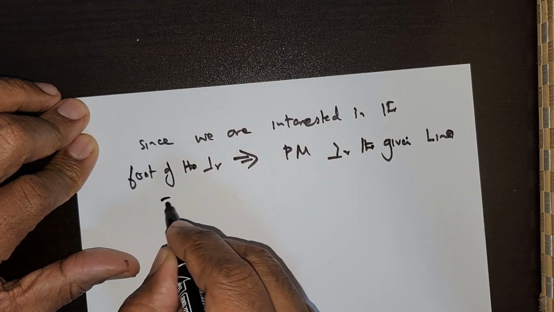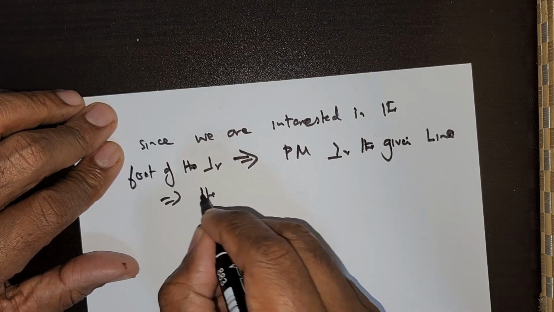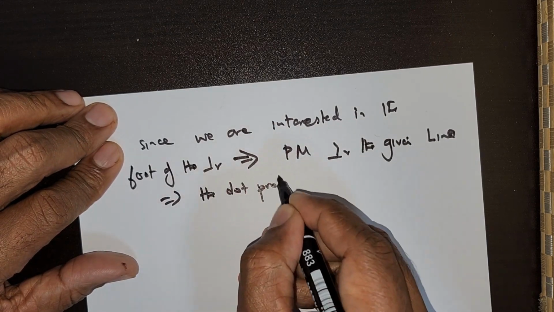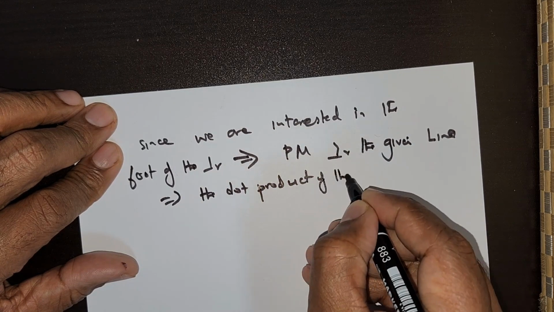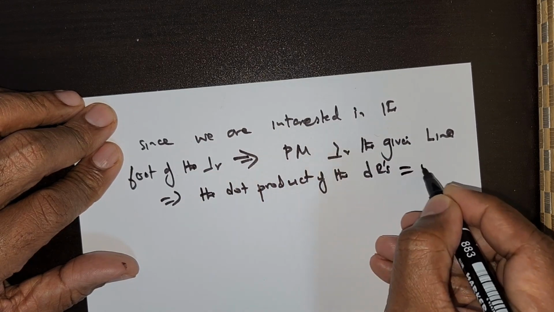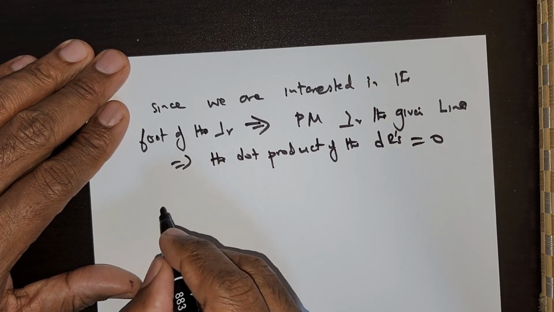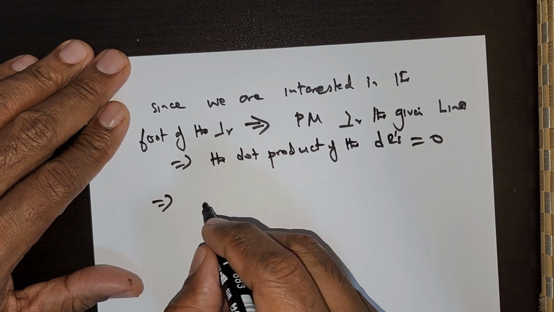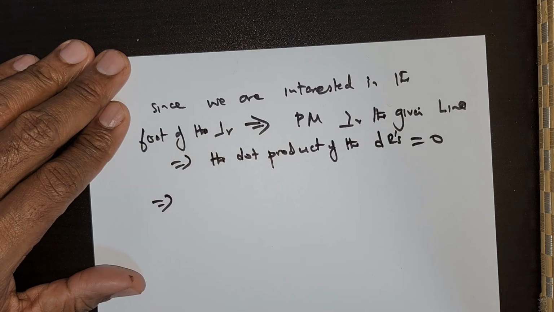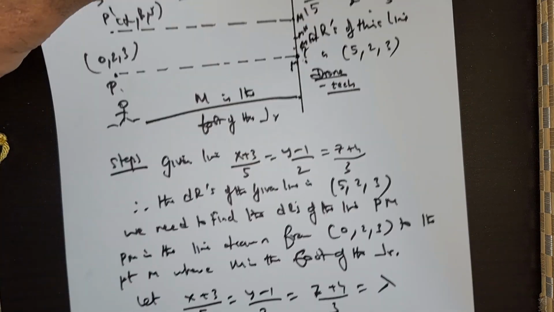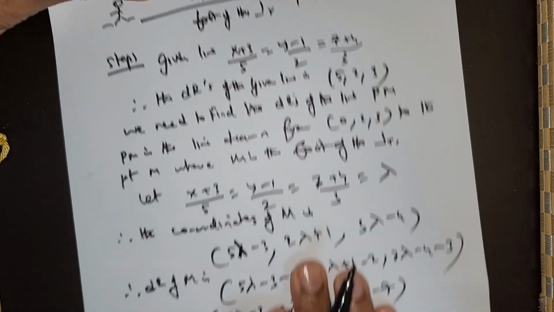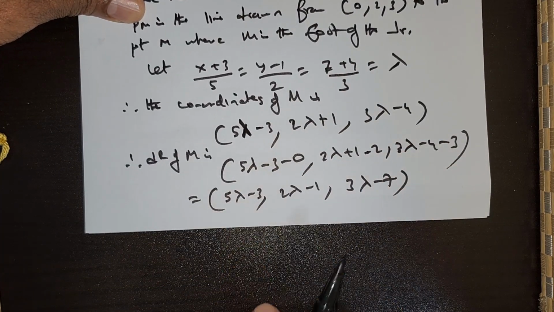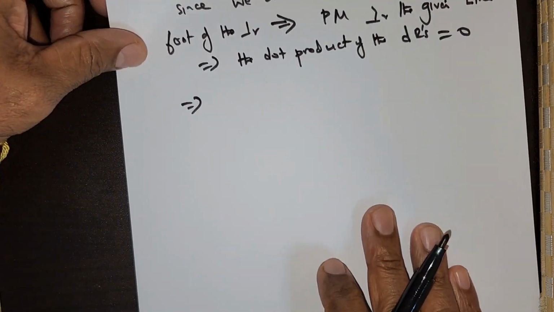That would mean the dot product of the directional ratios is equal to 0. So we take the directional ratio 5, 2, 3 and take the dot product with this, equated to 0. That's exactly what I'm going to do.